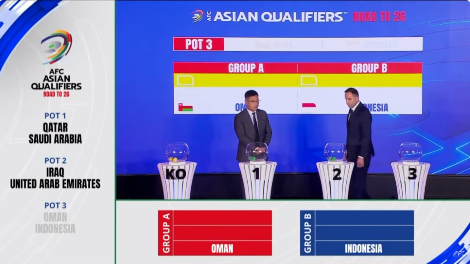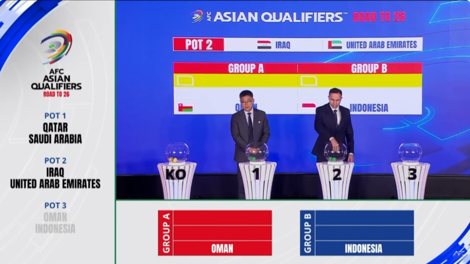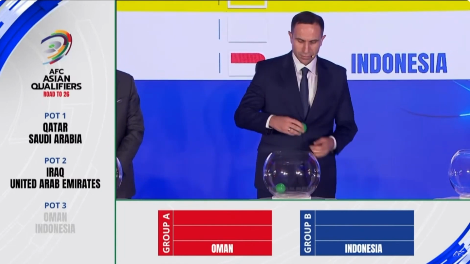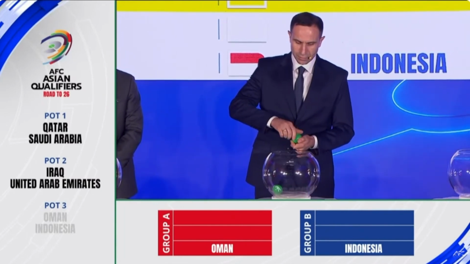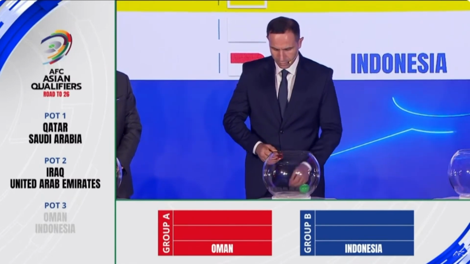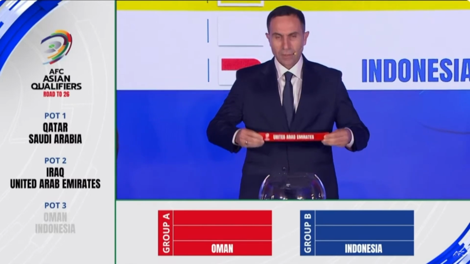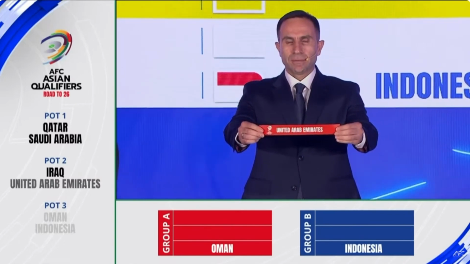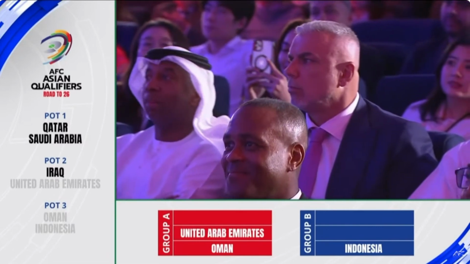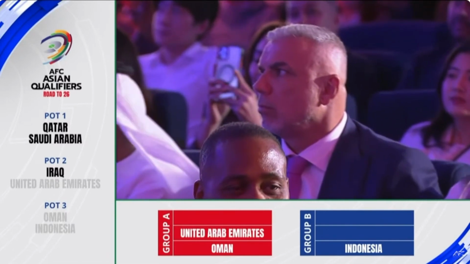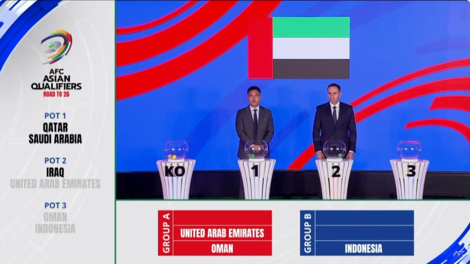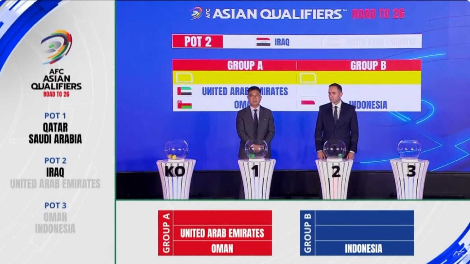And now for Pot 2, the first country from Pot 2 will go to A2. United Arab Emirates. United Arab Emirates in A2, FIFA ranking 66, and it is aiming for a second World Cup appearance, and the last World Cup appearance for UAE was in 1990.